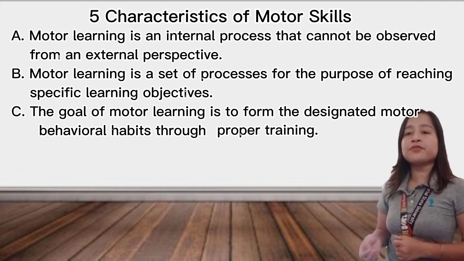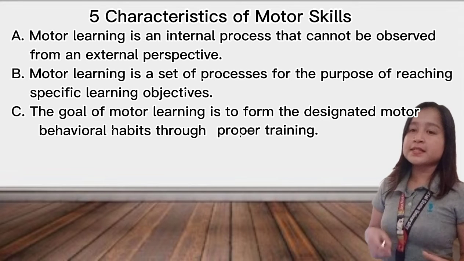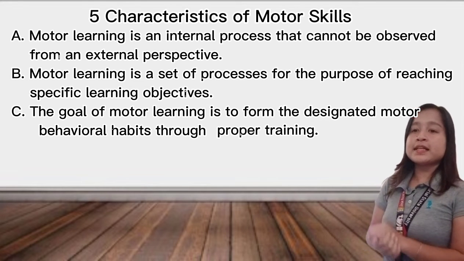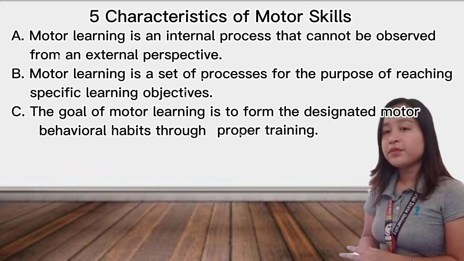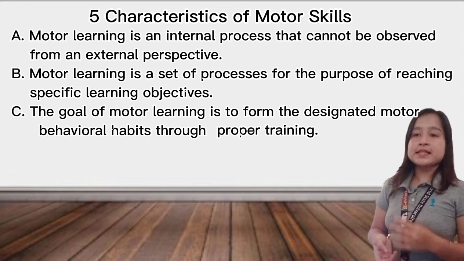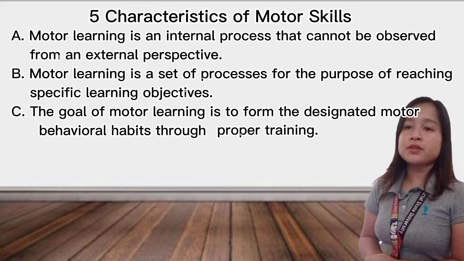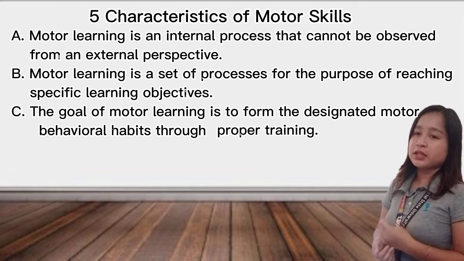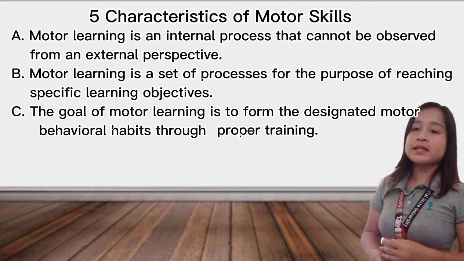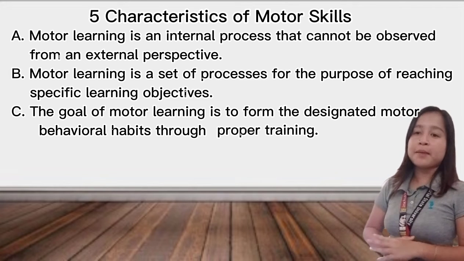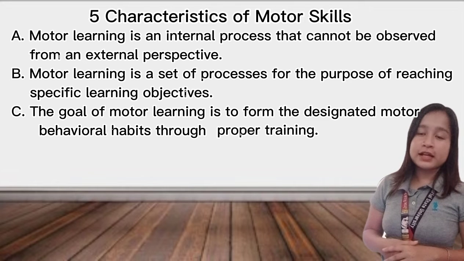So let's proceed to the 5 characteristics of motor skills. Letter A, motor learning is an internal process that cannot be observed from an external perspective. Letter B, motor learning is a set of processes for the purpose of reaching specific learning objectives. Then letter C, the goal of motor learning is to form the designated motor behavioral habits through proper training.